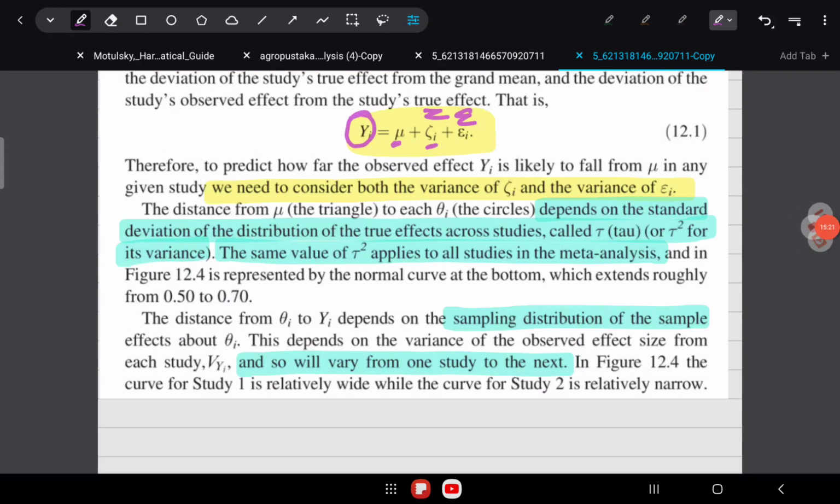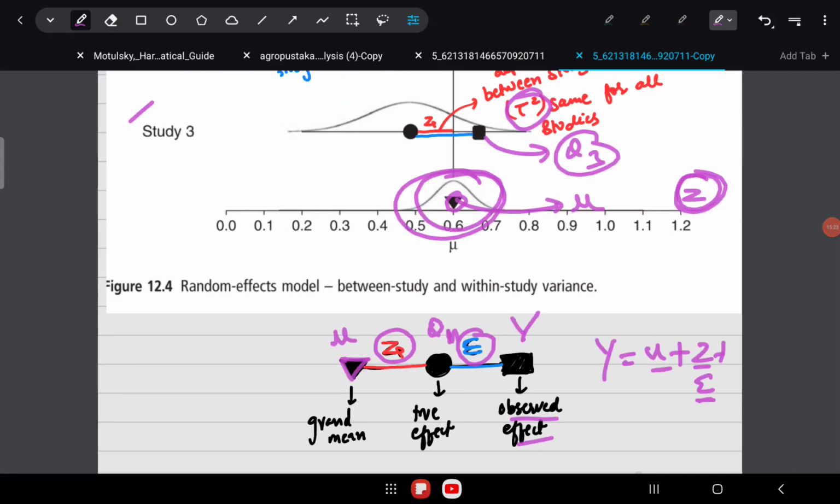So now that we understand the basic difference between fixed and random effect modeling, I can explain the only difference which we need to know between these two types of modeling when it comes to computing the summary effect. Remember, in fixed effect modeling, the only variance that is important is the within study variance, right?